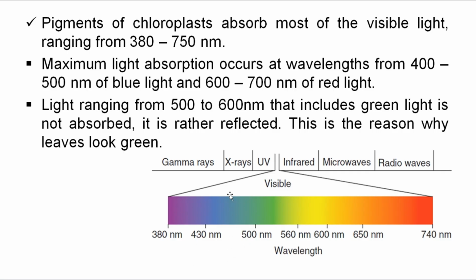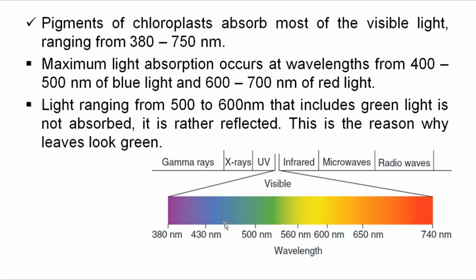Yes, this is the maximum range of absorption of light energy. From 400 up to 500 nanometers is the maximum absorption of blue light, and from 600 to 700 nanometers of red light.